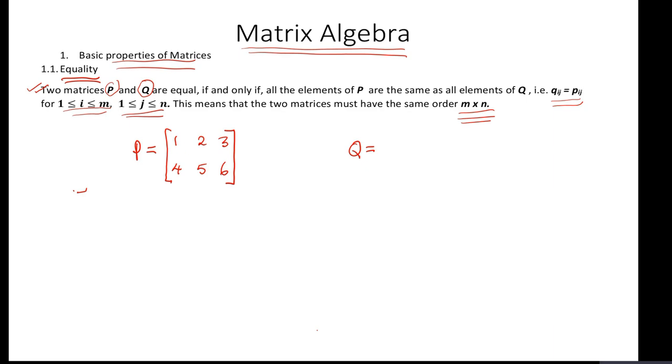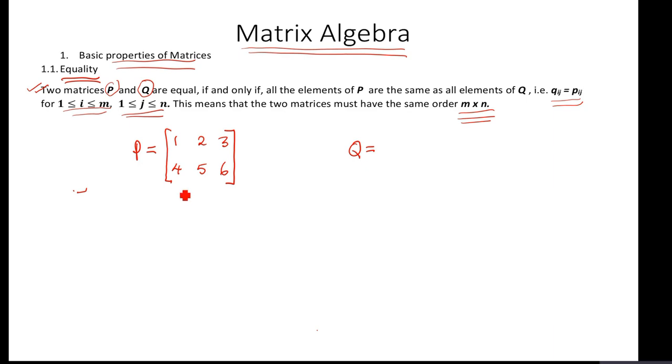The first element is 1. That is in the first row, first column. The next element, 2, first row, second column. And so on. Now I can pick any particular element or entry of that matrix.